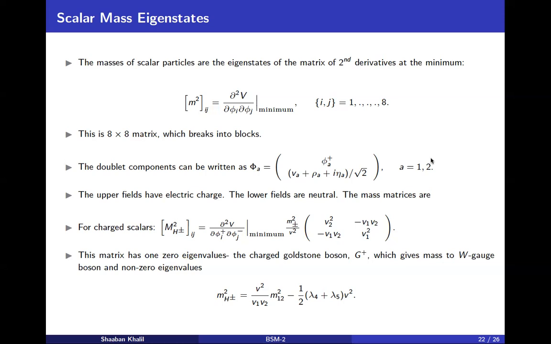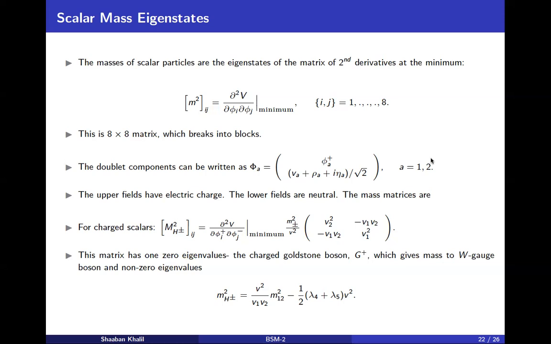So now, for example, all the scalar masses will be the variation of the potential with respect to phi i phi j.